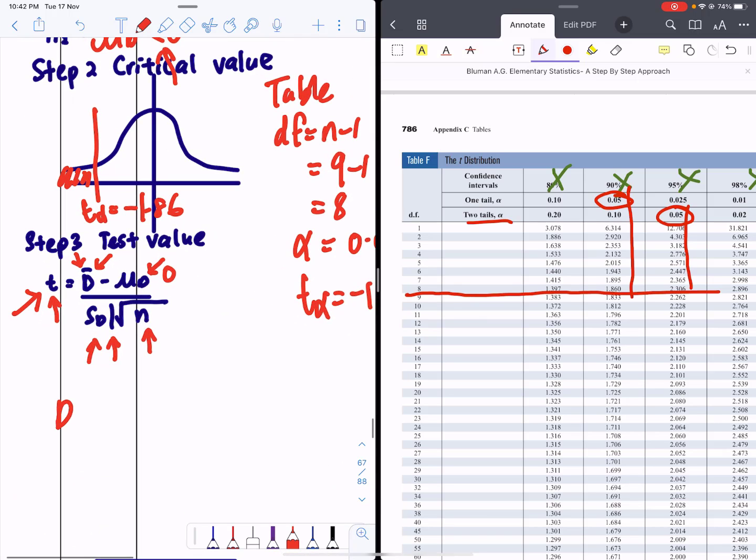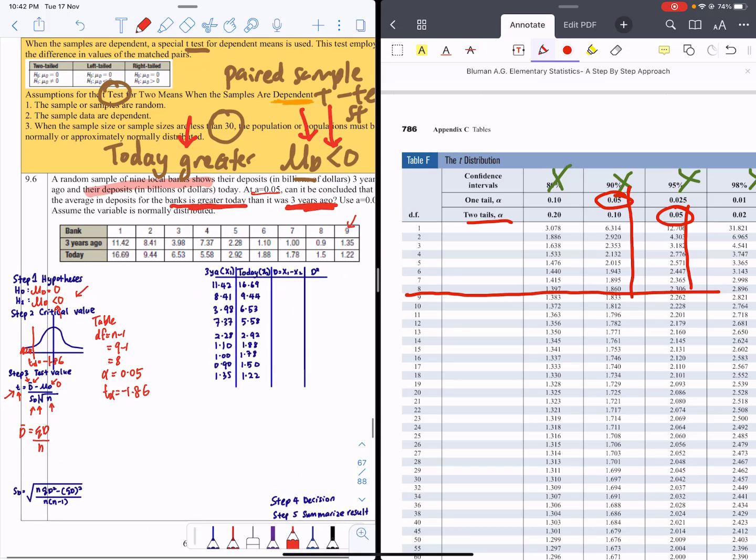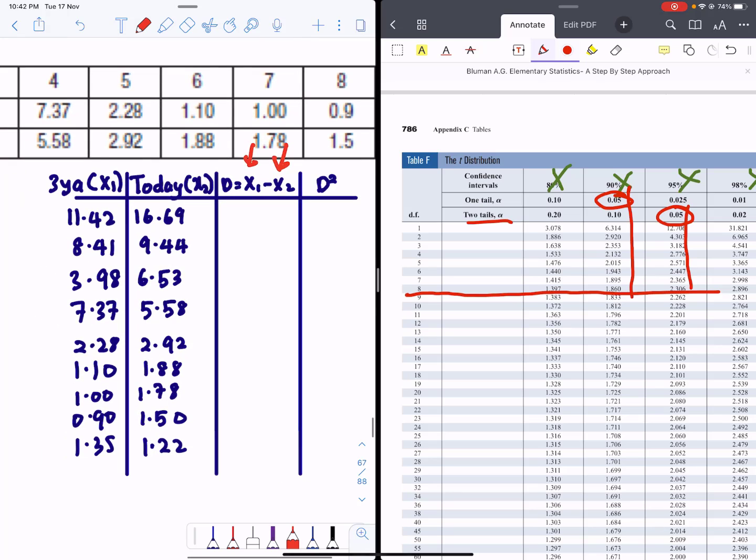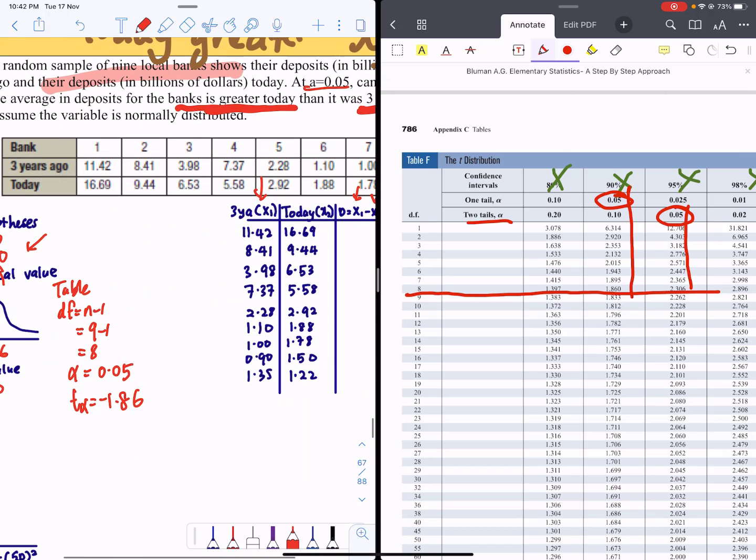Okay, now we need to find D first. This D is the summation of D divided by N. How to find D? We need to minus x1 with x2. What is x1? X1 is the data for the past, 3 years ago. X1 is the past, but today is x2.